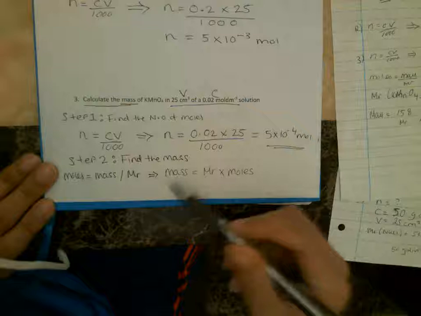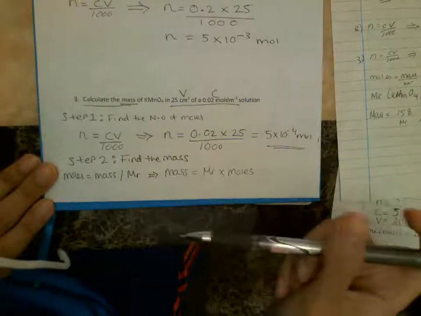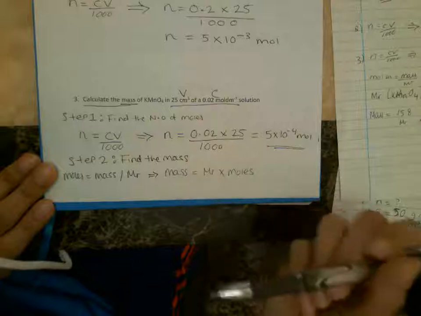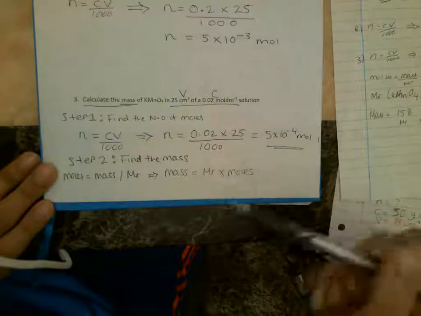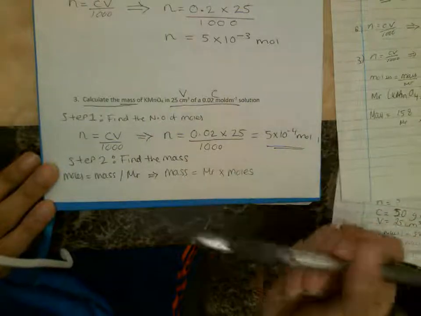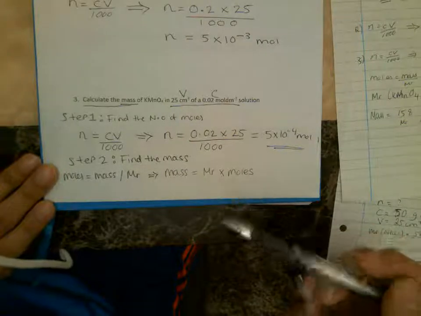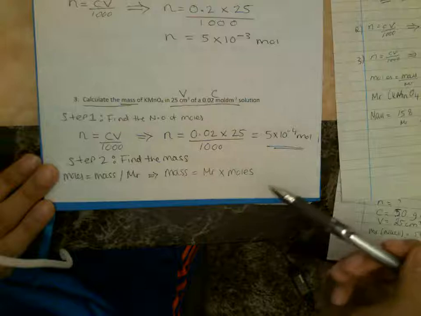For those of you who might be struggling, you can go back to the class PowerPoint, or go back to the walkthrough for task 2 and see how we can rearrange this, maybe using a triangle instead of cross multiplying to rearrange the equation. So mass equals Mr times moles.